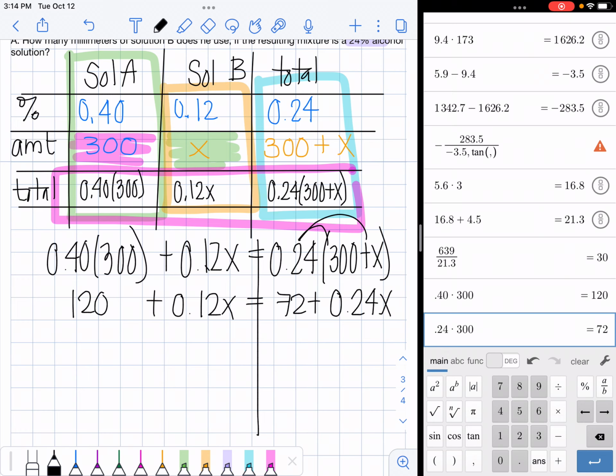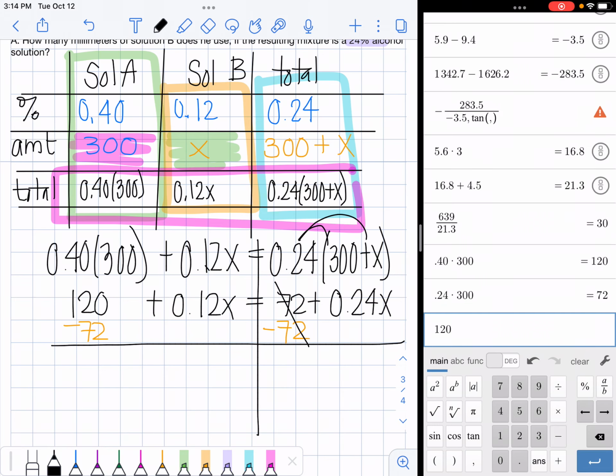Now I need all of my x's on one side and my constants on the other side. I'm going to move my constants to the left, so I'm going to subtract 72 from both sides. I get 120 minus 72 is equal to 48, so 48 plus 0.12x is equal to 0.24x.